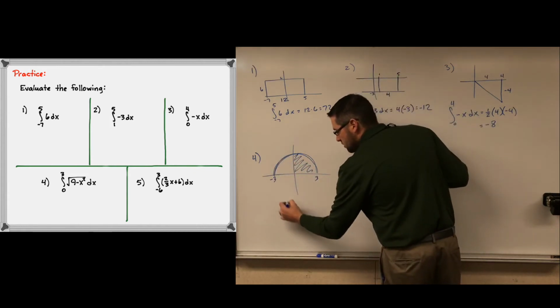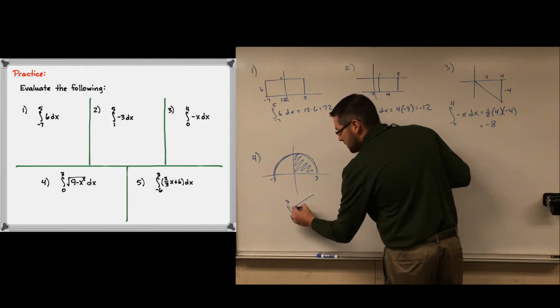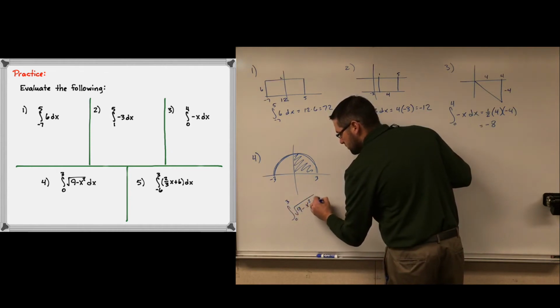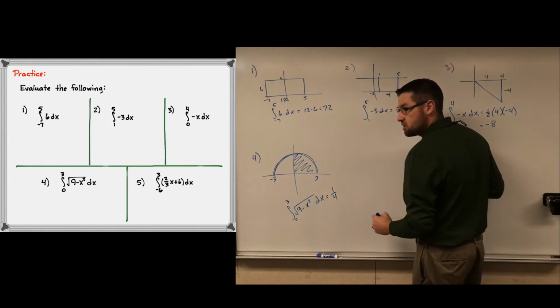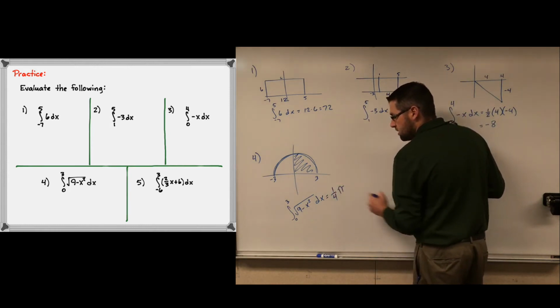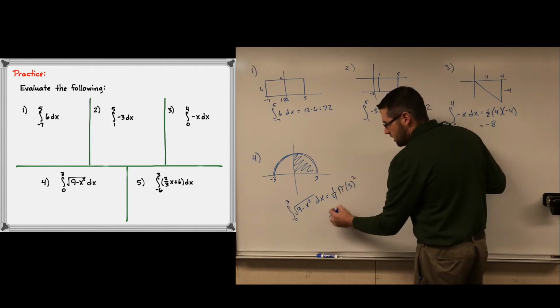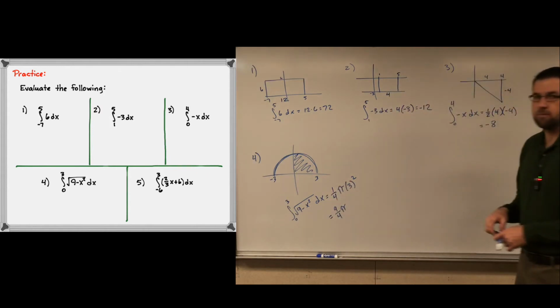So the integral from 0 to 3 of that gross thing, the square root of 9 minus x squared dx, is equal to 1/4 of a circle. What's the area of a circle? Pi times, what's the radius then? 3 squared. So that would be, what, 9 over 4 pi? Are we okay with that?